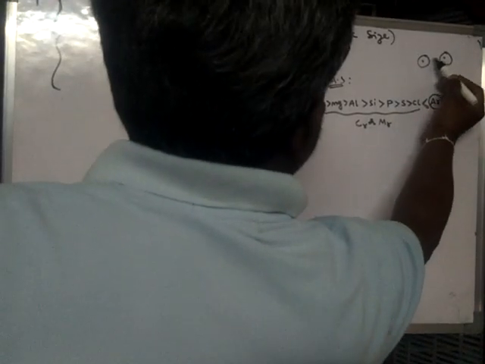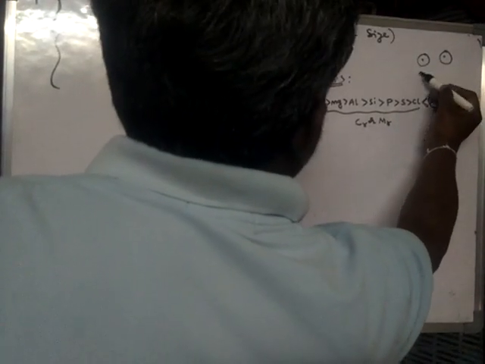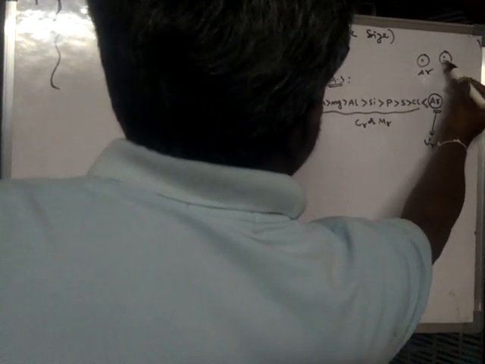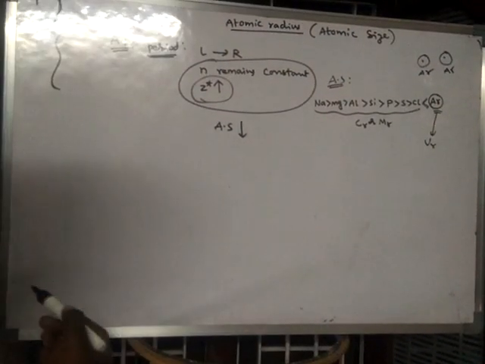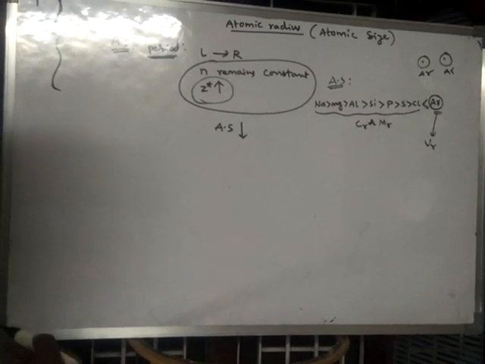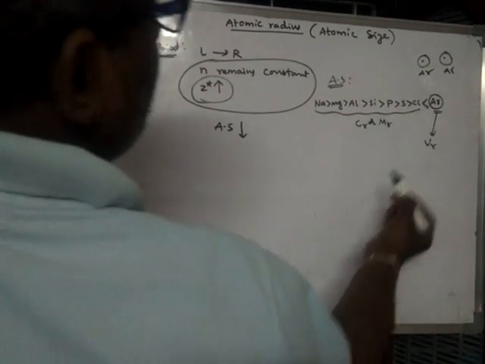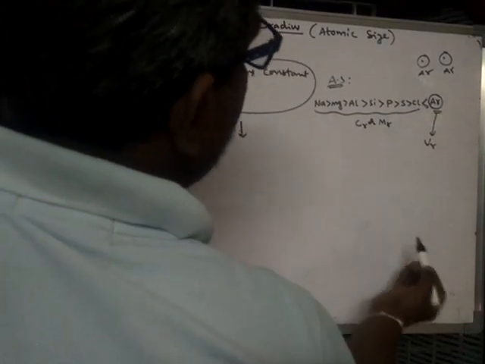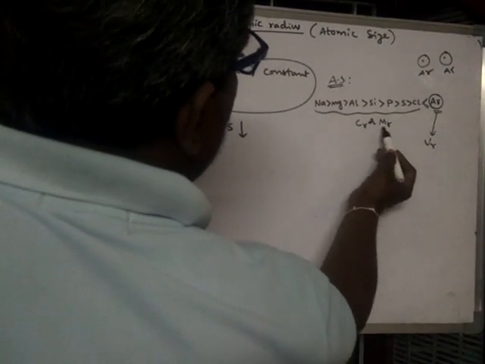The only force of attraction between these two argon atoms is van der Waals forces. So only van der Waals radius is possible, and van der Waals radius is always greater when compared to covalent radius or metallic radius.